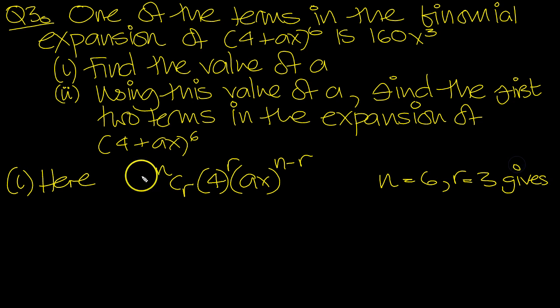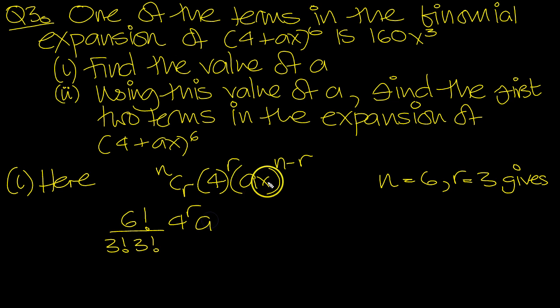Gives 6Cr, which is 6 factorial over 3 factorial times 3 factorial, 4 to the r, so that's 4 cubed, times this all cubed, 6 minus 3 is 3, would be a cubed times x cubed. And we don't need the x cubed, we just need the number of x cubed terms.